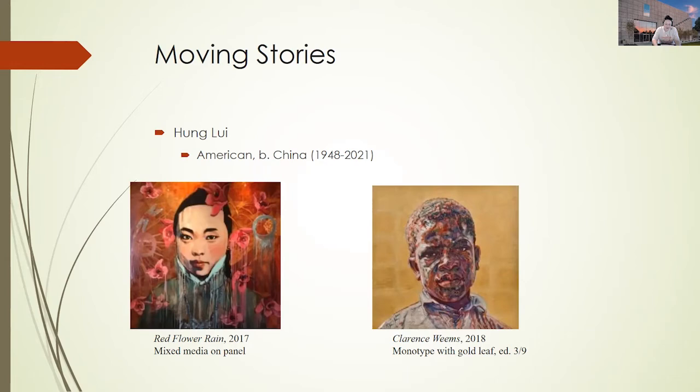And so this last piece on the right is of a young boy, Clarence Weems, who was one of those farm workers in Mississippi. And I think Hung Lu kind of felt a connection to his story and her story, and how they were able to leave their past behind, and through struggles, make a new life for themselves and claim their own personhood as a right.